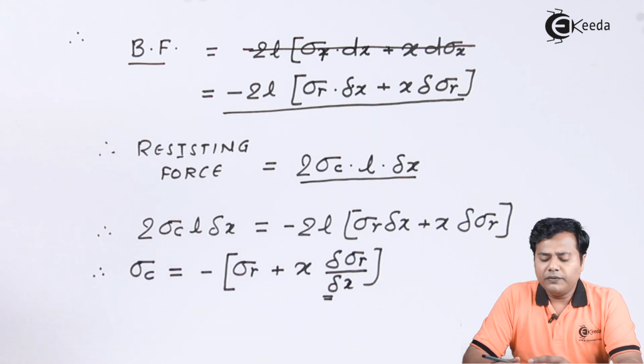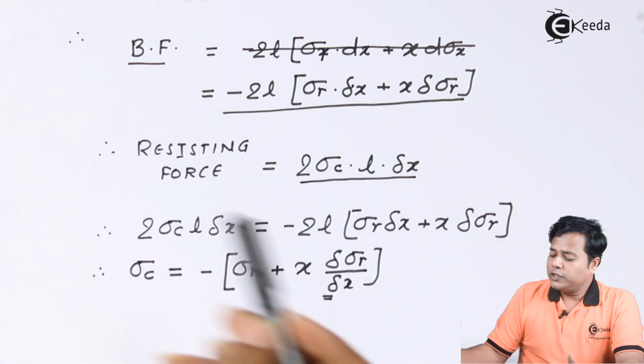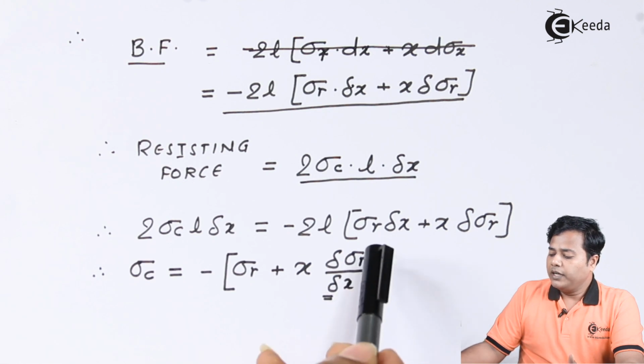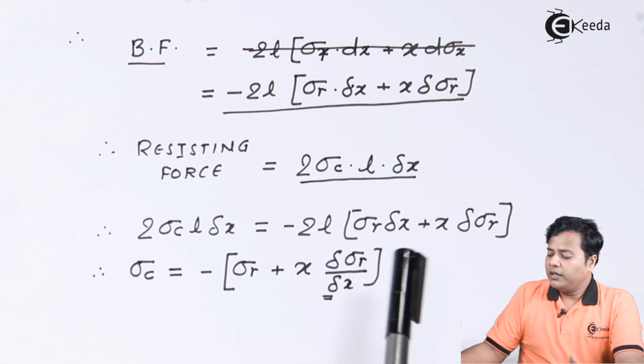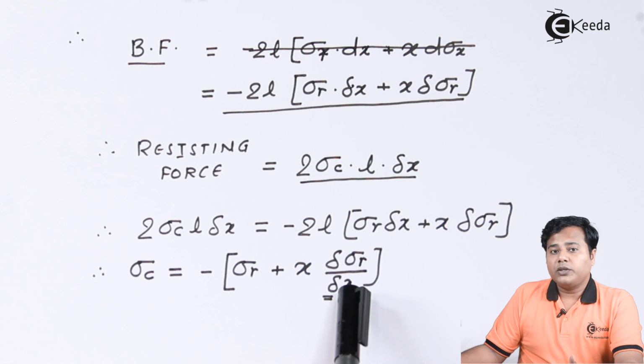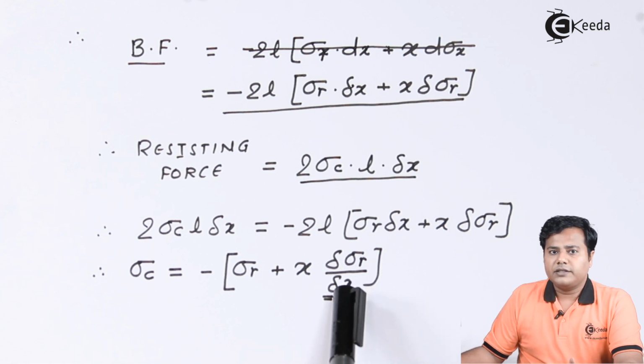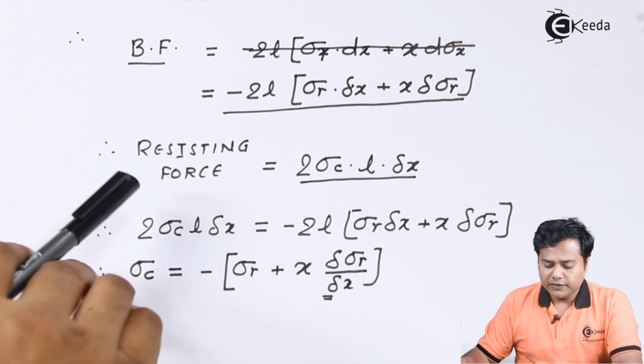That is what we had discussed. If you recollect, we had said that the radial stress will go on changing across the thickness of the thick cylinder, and that's why this particular term comes into picture, where the radial stress sigma r goes on changing with respect to the change in the radius. Fine. So with this, let us advance.